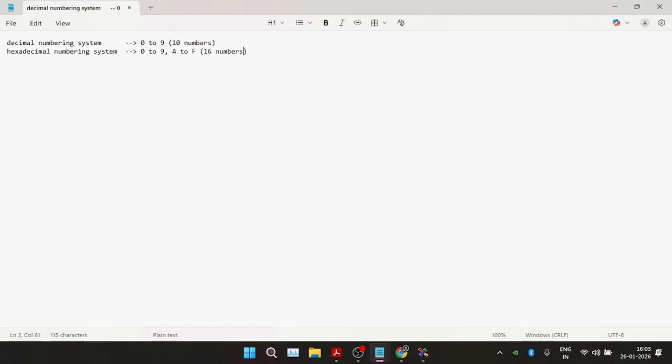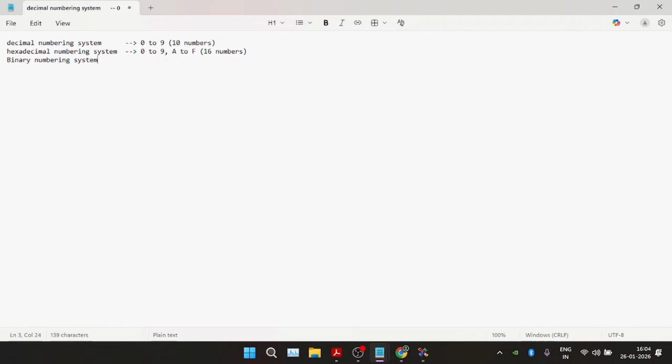Decimal itself tells we have 10 digits, counted from 0 to 9, and hexa means 6, so the remaining 6 values are counted using the alphabets capital A or small a to capital F or small f. Both are equally represented. So this is the main difference.